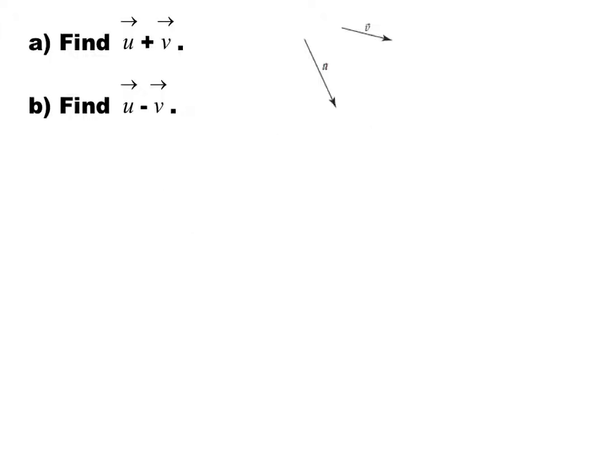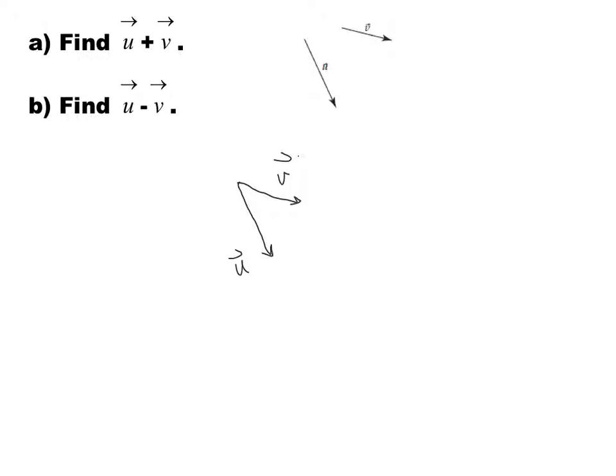The next example, we have two vectors drawn here, and we are supposed to find the sum and the difference between the two vectors. To find the sum, let's redraw v. This is v. To redraw u, I'm going to draw an equivalent vector. This is u. And the way that I have drawn it, I'm going to use the tail-to-tail method.